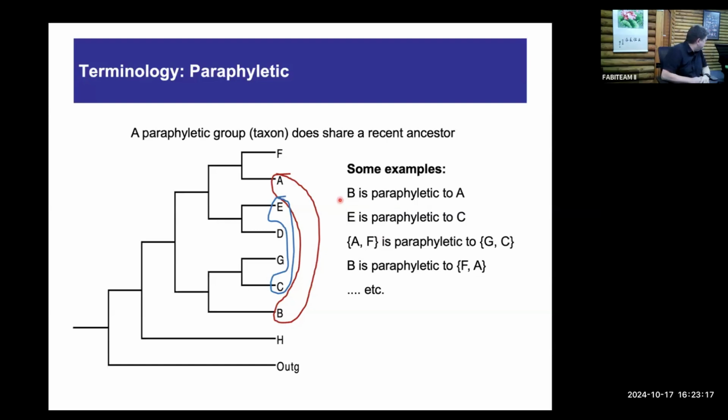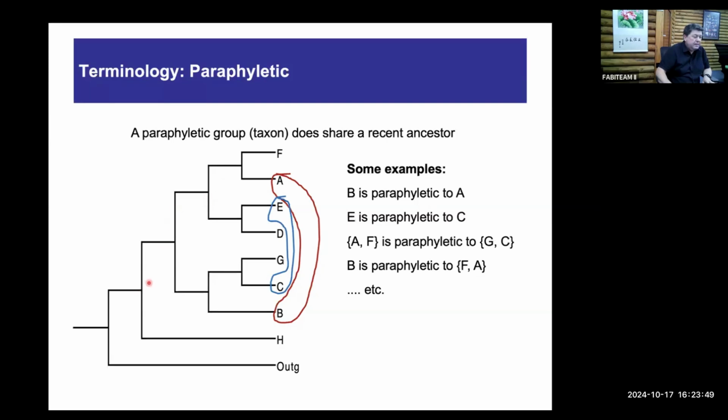On the issue of ancestor, none of these taxa could be an ancestor, it's only the internal node. So the internal node is the ancestor, but it's the ancestor of F and A at this node. At this node, this is the hypothetical or inferred ancestor of F, A, E, and D. And as you go down to your backbone, you will have more inclusive ancestors.